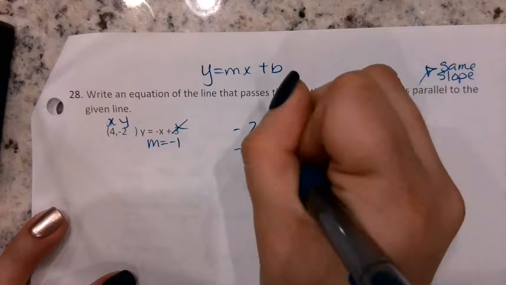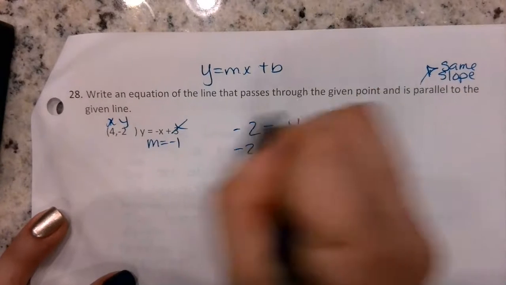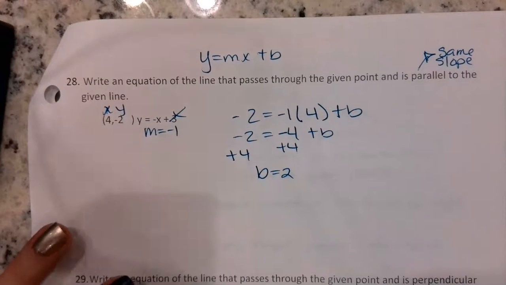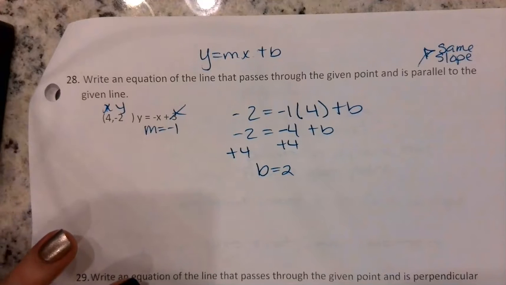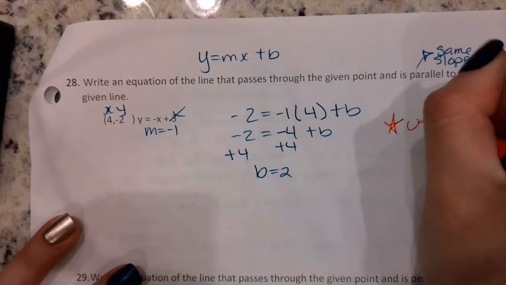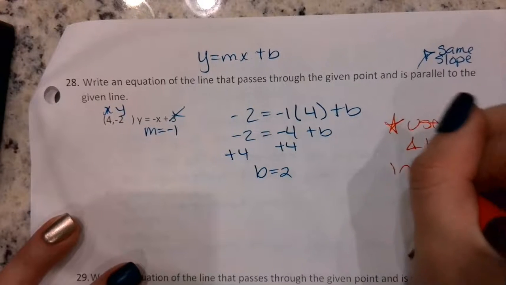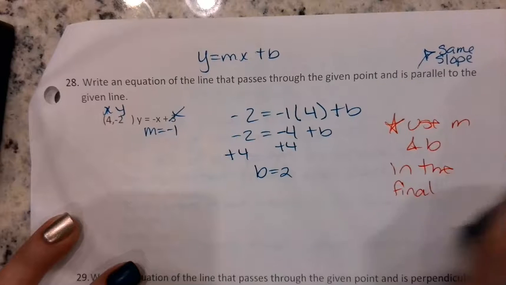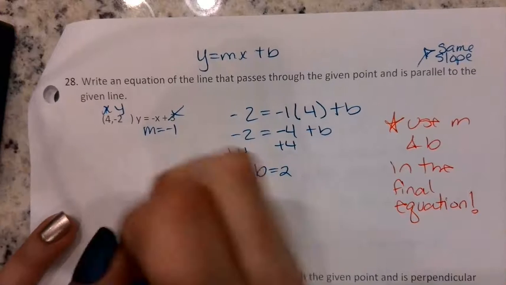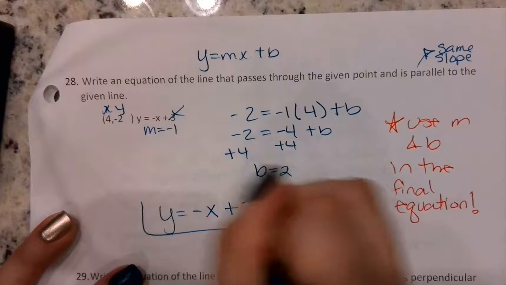Then I have -1 times 4, which is -4, plus b. I add 4 to both sides. b equals 2. Now I need to write the whole equation of my new line. So we use m and b for our new line. So I'm going to get y equals -x plus 2 for my parallel.